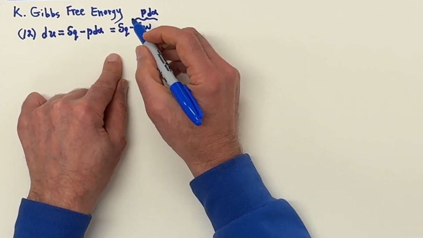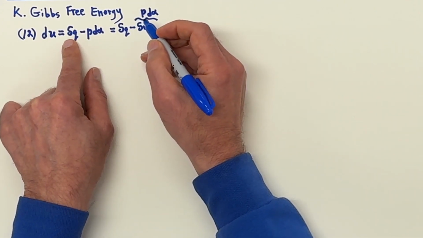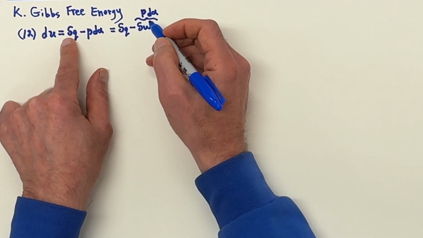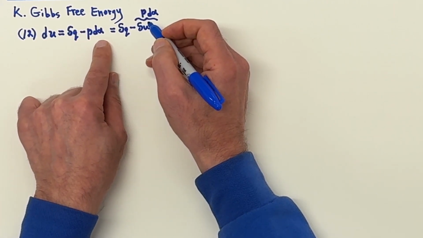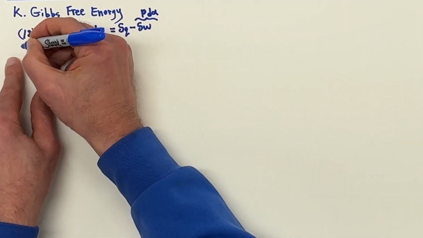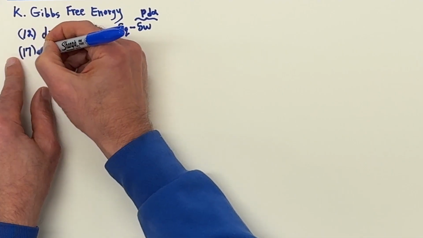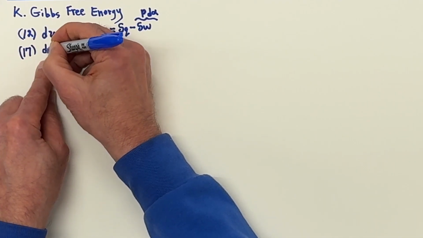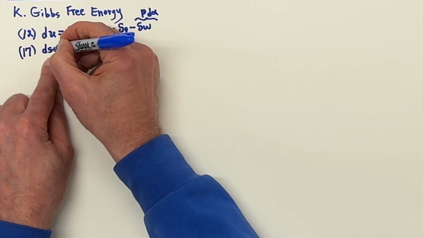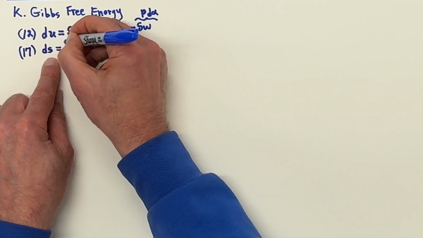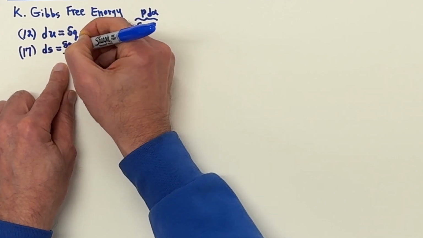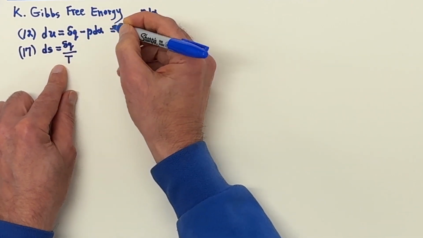So what I would like to do next is find a replacement for the infinitesimal heat transfer so I can at least express it in terms of good state variables. So we do that with equation 17 that we derived, and that is the differential of the entropy per unit mass, the specific entropy, is equal to the infinitesimal heat transfer per unit mass divided by the temperature.